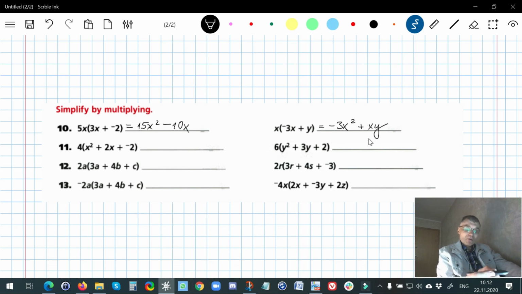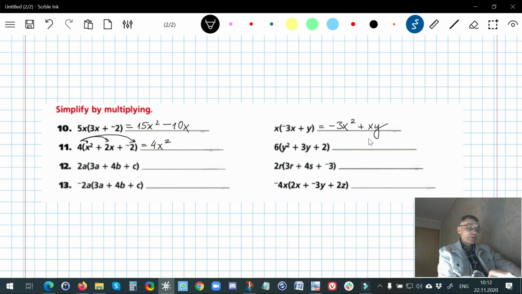Here again, I promised not to draw any arrows, but I can't resist the temptation. As Oscar Wilde used to say, I can resist everything but temptation. So, to underline that I have to multiply 4 by every member of what is written inside the parentheses of this polynomial. 4 by x squared, it's 4x squared.